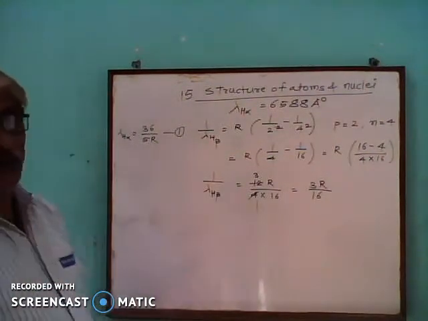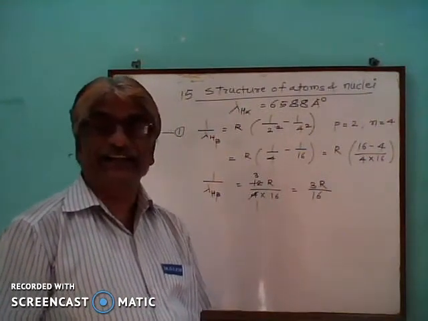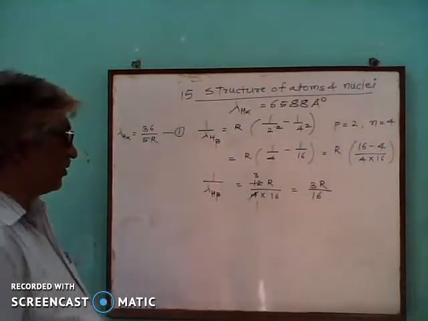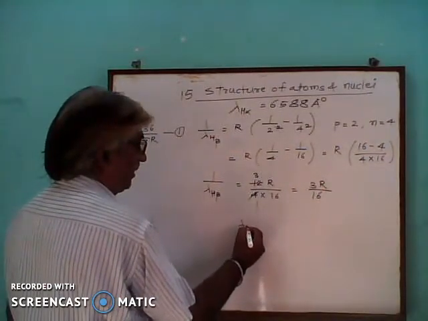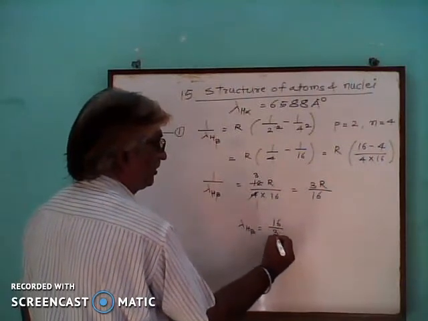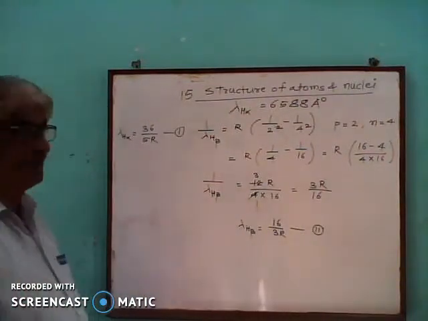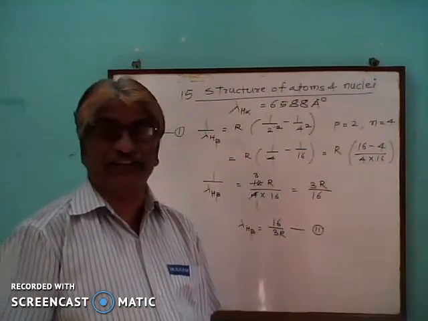If 1 upon lambda H beta is 3R upon 16, then by taking reciprocal, lambda H beta is equal to 16 upon 3R, that is equation number 2.